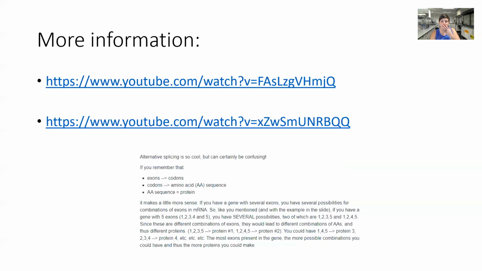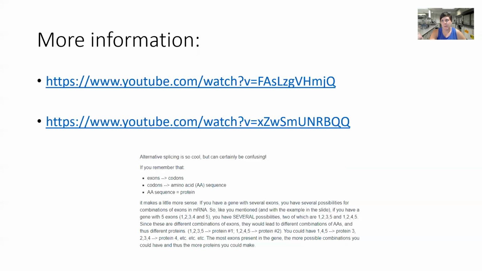So if you differ in exons, you're going to differ in codons. And if you differ in codons, you're going to differ in amino acid sequence. So basically, if you jumble up your exon sequence or included exons, you're going to jumble up your amino acid sequence. So that gives you a lot of possibilities for protein outcomes.